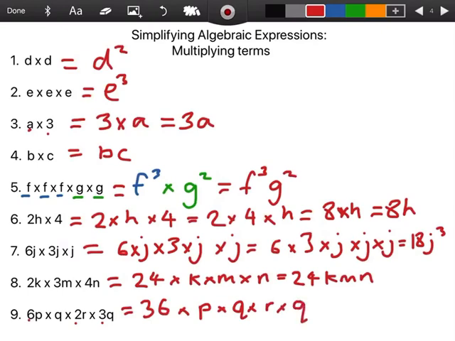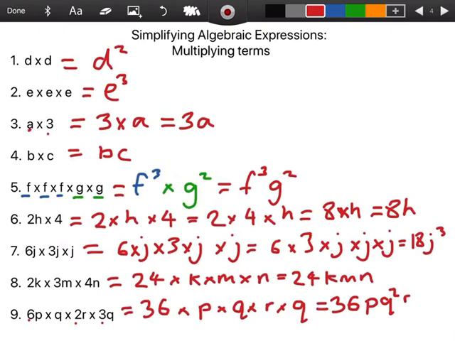You notice we've got a q times by q in there. As we saw before, that becomes q squared. So we get 36pq squared r.